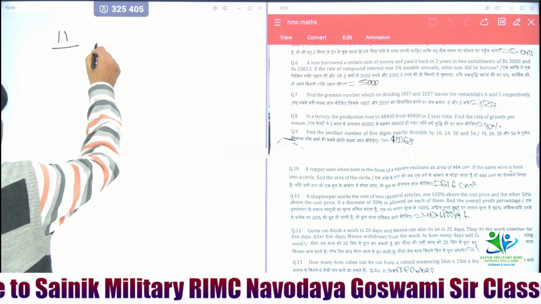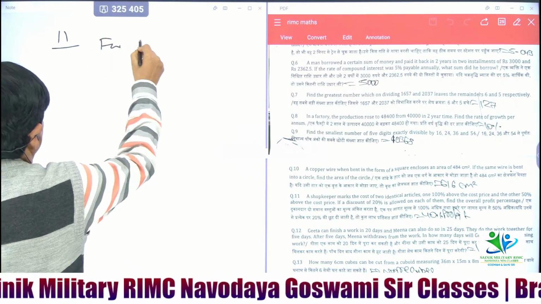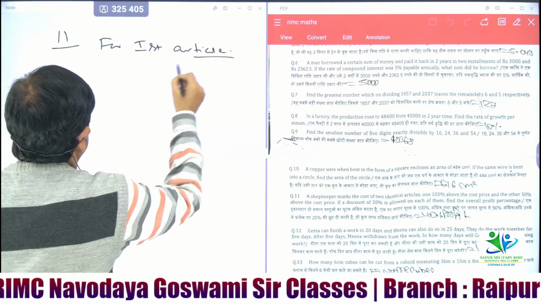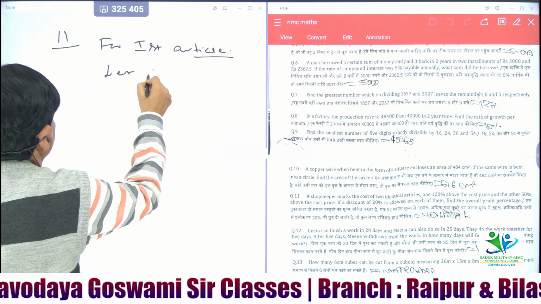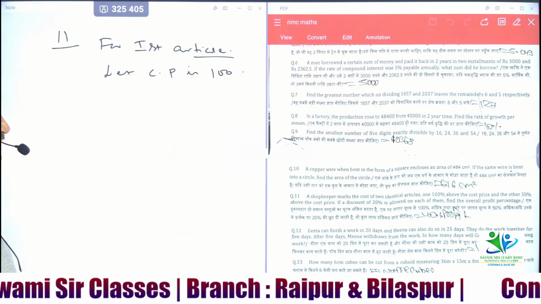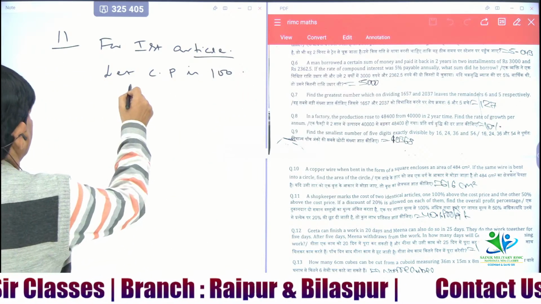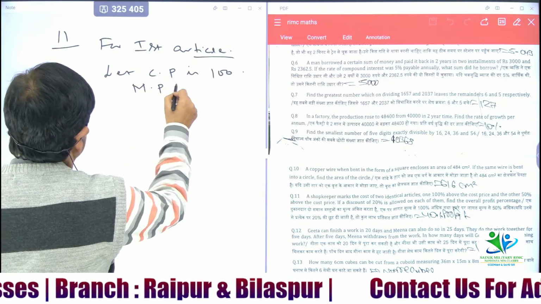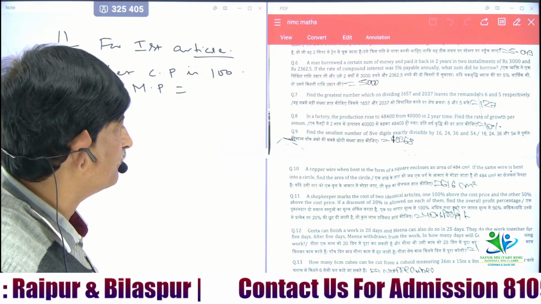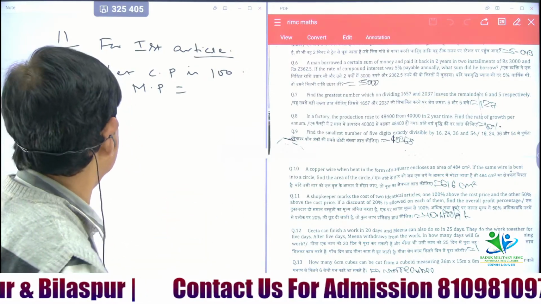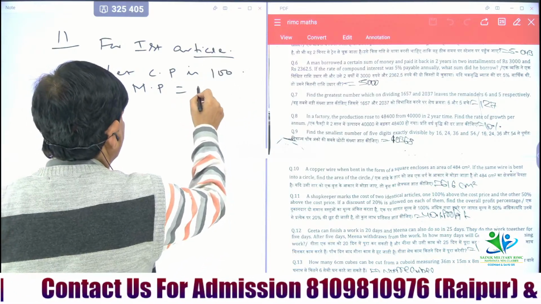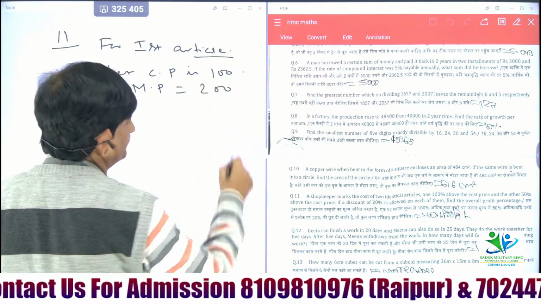So for first article, let CP is 100. फर्स्ट आर्टिकल का सीपी हमने 100 ले लिया, यानी मार्क क्या कर रहा है? मार्क प्राइस 100% मोर देन द सीपी. इट इज गिवन इन द क्वेश्चन 100% एबव द सीपी. दैट मीन्स 100 का 100%, दैट इज 100. मार्क प्राइस इज हियर 200.